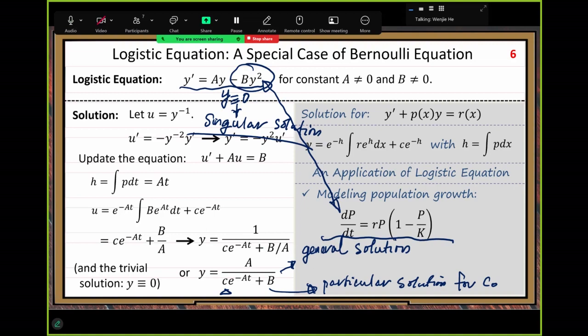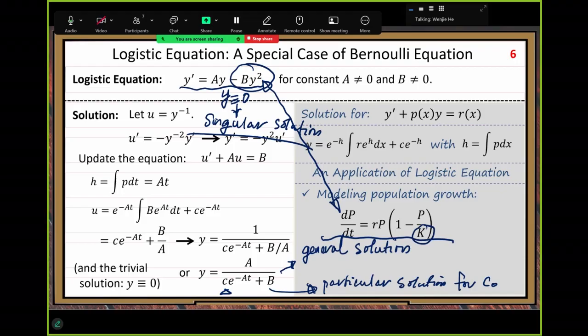So here, look at this. This K actually gives us the equilibrium solution. Let me explain the meaning of this equilibrium solution. When capital P is smaller than K, P is relatively small, smaller than that equilibrium solution, then P over K is less than 1, right?